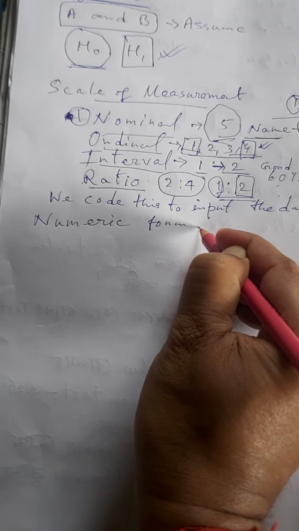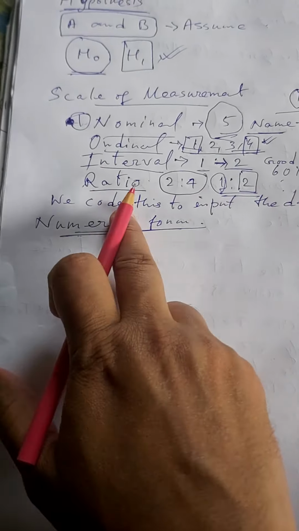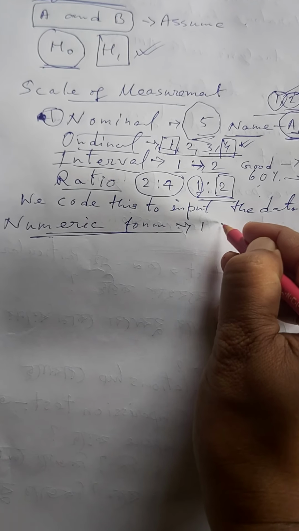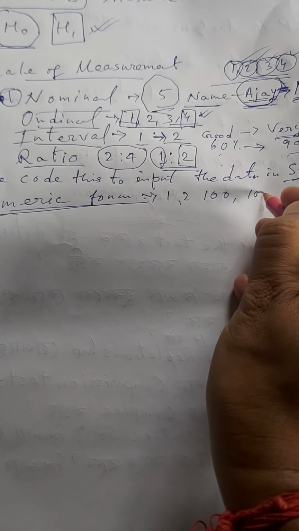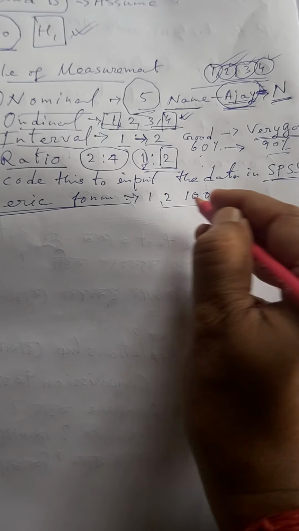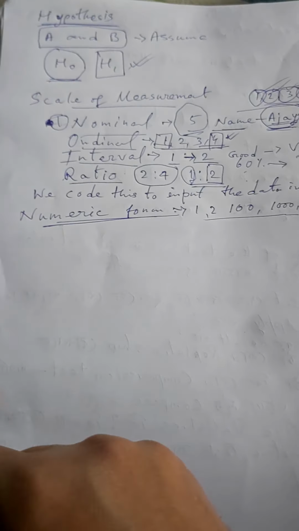SPSS cannot calculate alphabetical form. Numeric form means numbers like 1, 2, 100, thousands, any number you can calculate. That is SPSS.